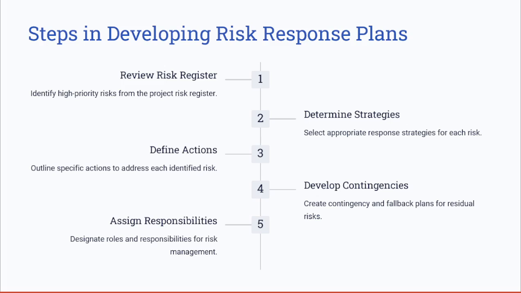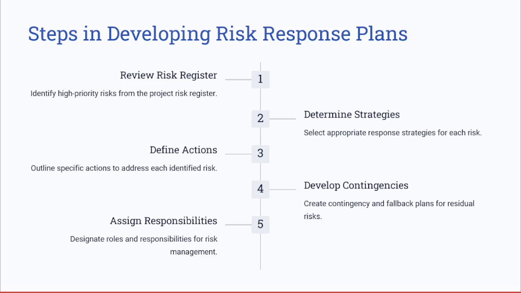The steps taken in developing a risk response plan. The process here involves several key steps. The first one is to start by reviewing the risk register to identify high priority risks. Next, you select the most suitable response strategies, such as mitigating, transferring, accepting, or avoiding.